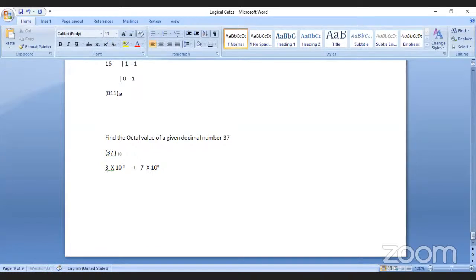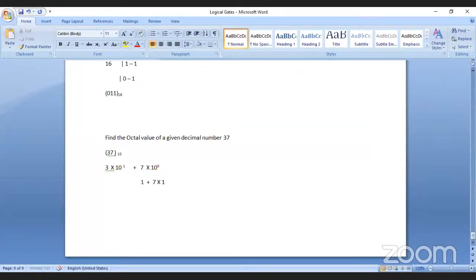Next, here I have 7. So 7 into 1. Next, the plus symbol is there.